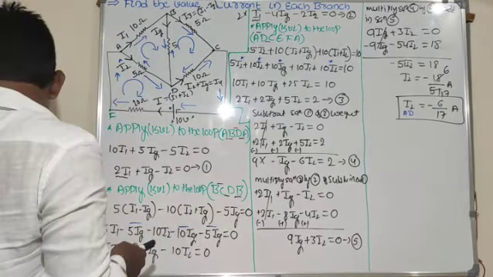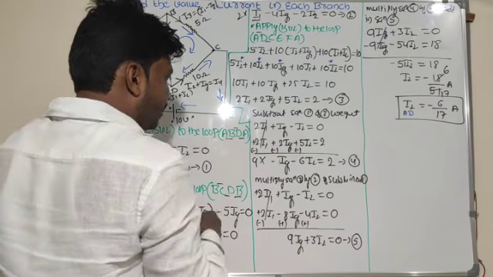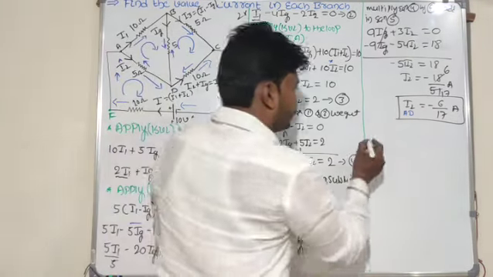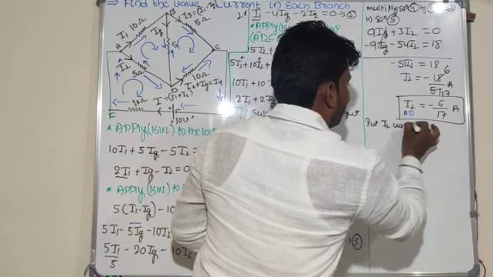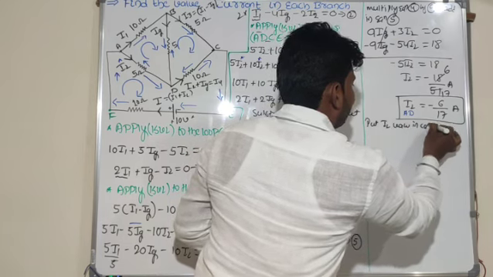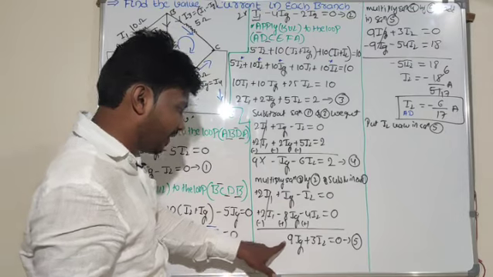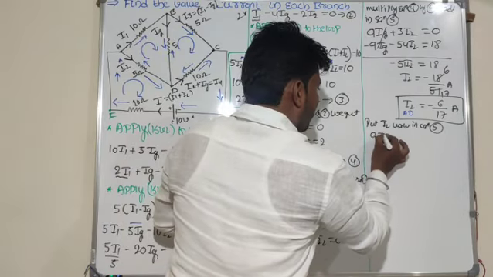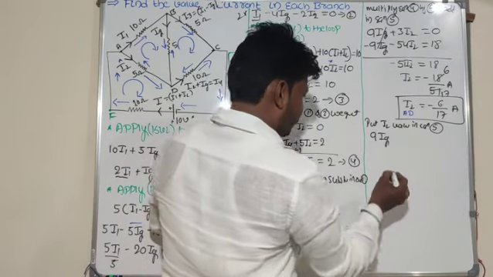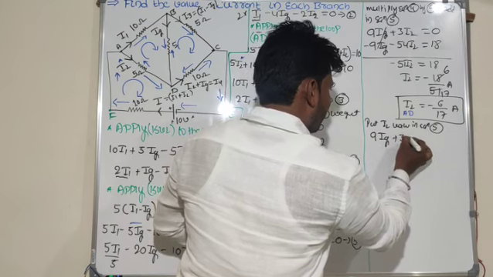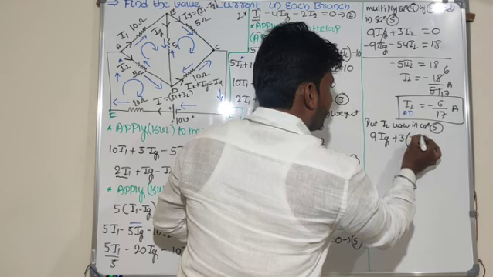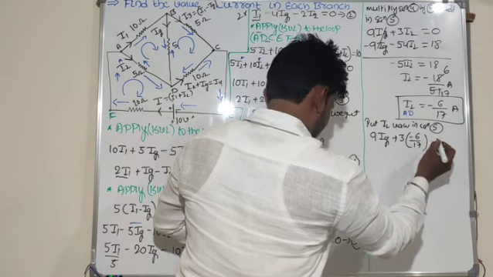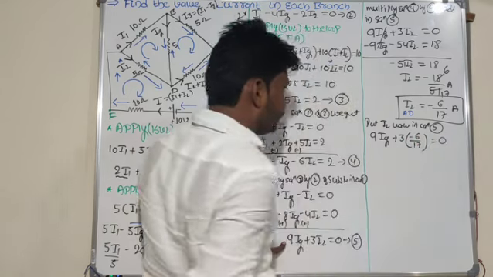Now this I2 value I will substitute in equation 5. Put I2 is equal to minus 6 by 17 in equation 5. You will get that Ig value here, right? 9 Ig plus 3 into I2 value, minus 6 by 17, is equal to 0.